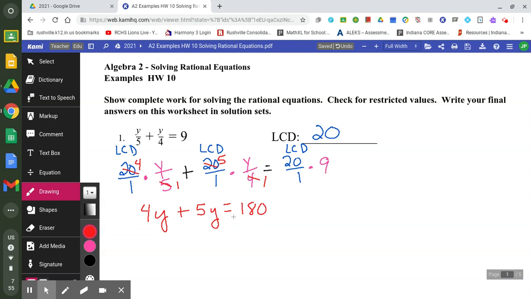And now I'm just solving for the y. So I'm going to put my 4y plus 5y to get 9y equals 180. We divide by 9. Y equals 20.